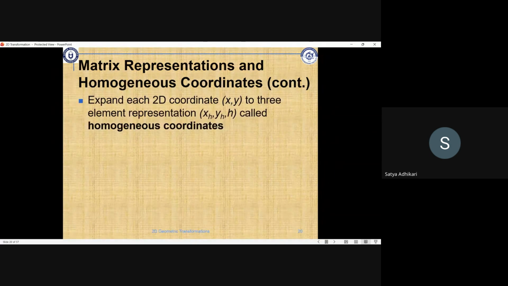Expand each 2D coordinate to the 3-element representation xh, yh and h, called homogeneous coordinates. If we expand a 2D coordinate x, y to the 3-element representation xh, yh, h, it is called homogeneous coordinates.